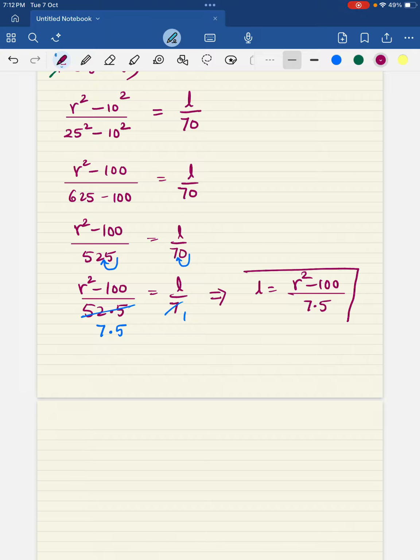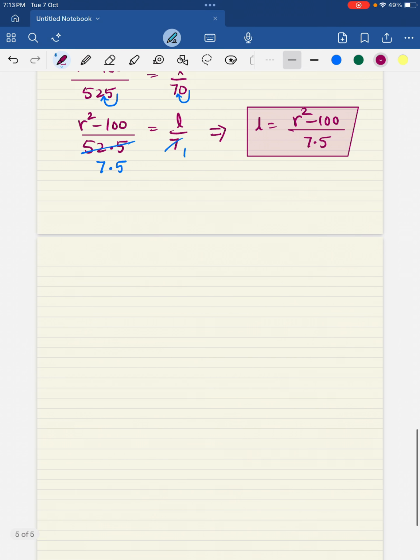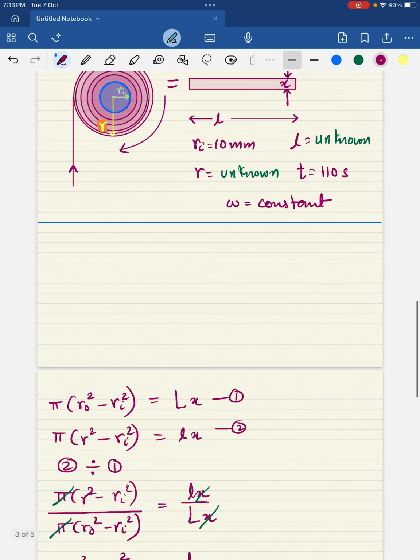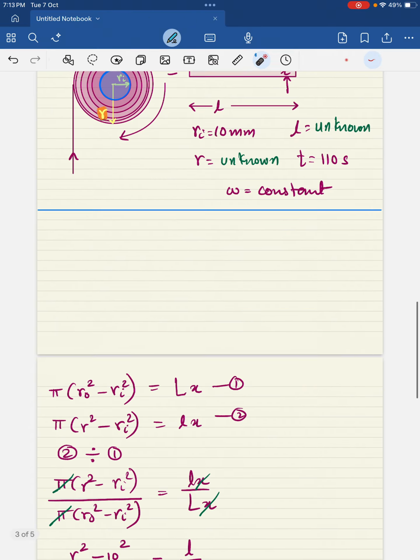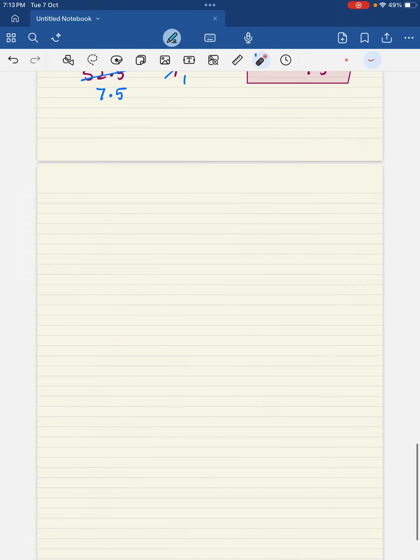So this is one of the equations in which I have two unknowns. So we need some value of R in order to get the value of L. Okay, so now my next struggle would be finding out the radius of the spool, that is this part, this radius, this part R. So if I want to find out this radius R, I can just use an analogy somewhat like this.